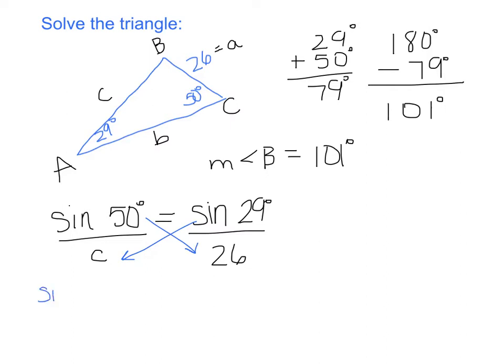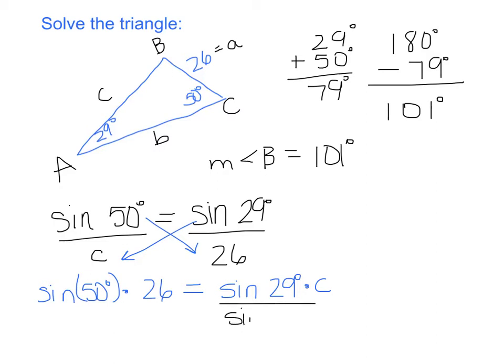So you're doing sine of 50 degrees times 26, and over here, sine of 29 degrees times c. That's how cross multiplication looks. Then you divide by sine 29. In your calculator, you work that out and get little c equals 41 units.